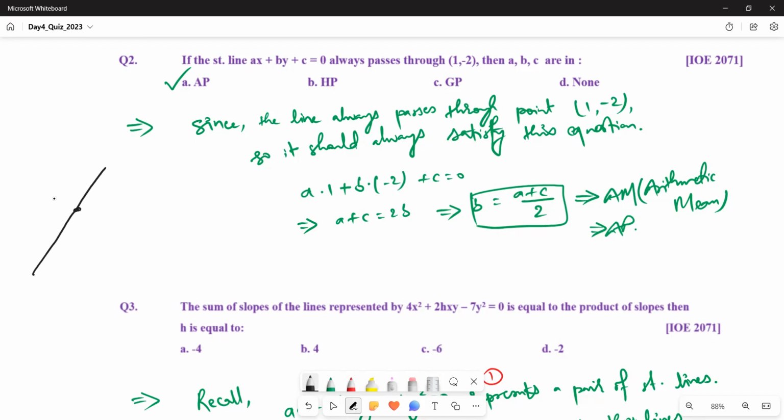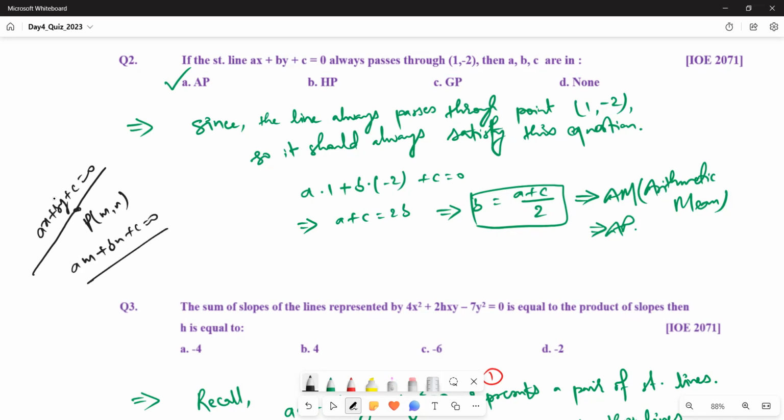Suppose this point is P(m, n). If this line ax plus by plus c equal to 0 passes through (m, n), then what will be the condition? This straight line should satisfy this point. That means a times m plus b times n plus c equal to 0.